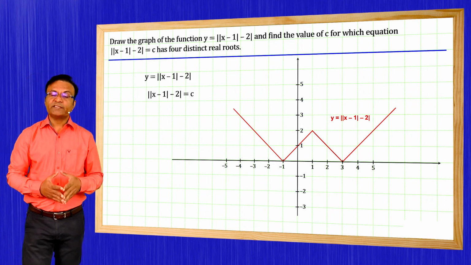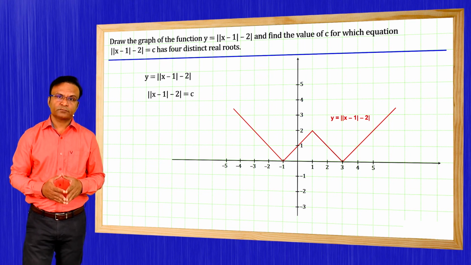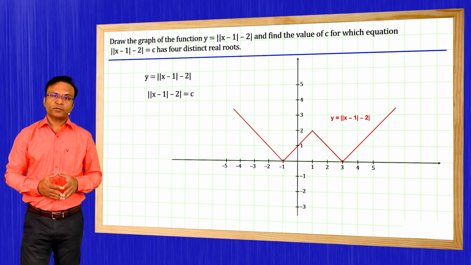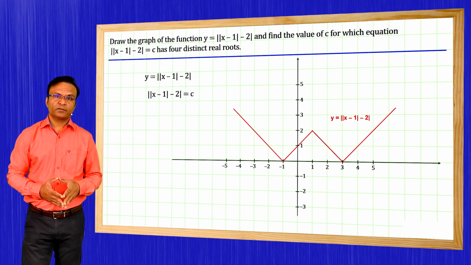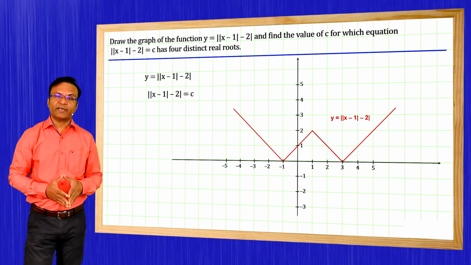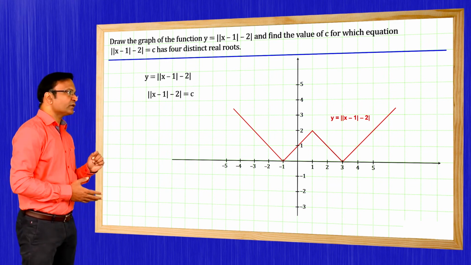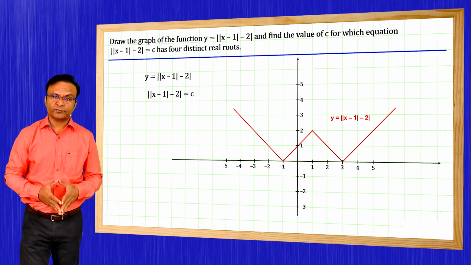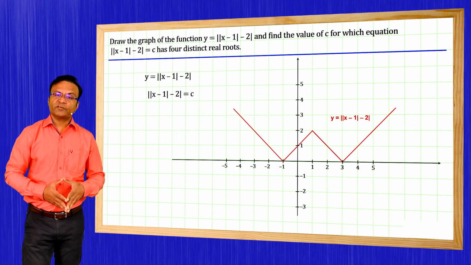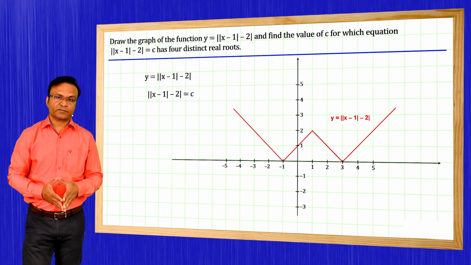By the way, इस equation के roots कहाँ पे होंगे? Where you can see roots of this equation? The roots of this equation lies at points of intersection of this graph and graph of function y is equal to c. Now the graph of y is equal to c is straight line which is parallel to x-axis.